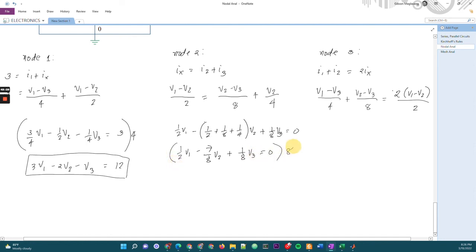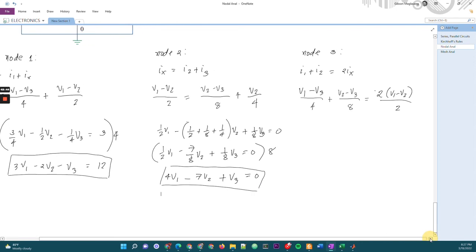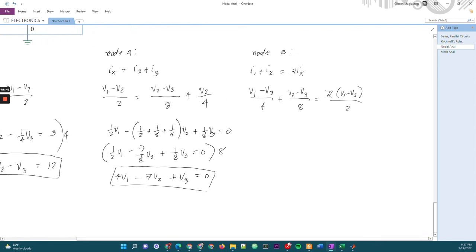Mag-multiply ta og 8 para ma-simplify. Naa tay 4V1 minus 7V2 plus V3 equals 0. Okay? So we have this the second equation. Finally, we have the third equation.